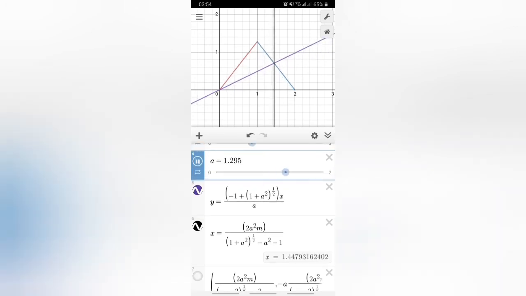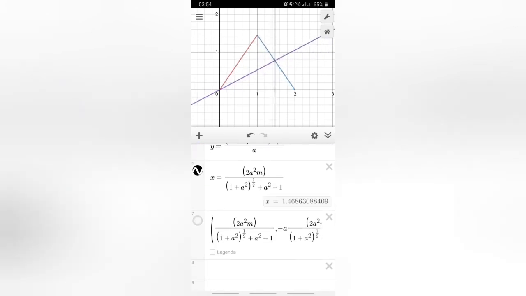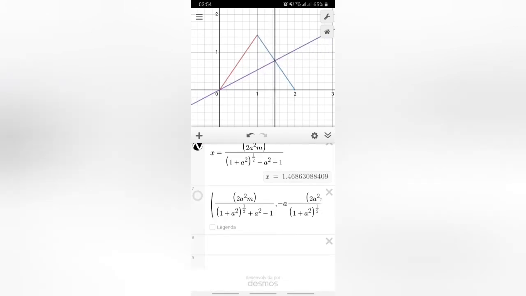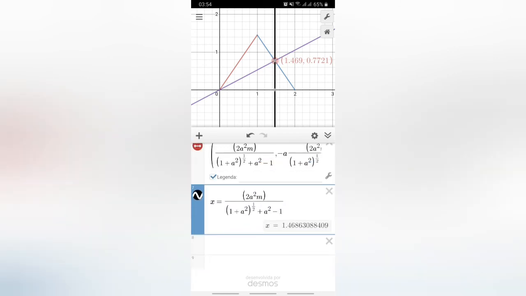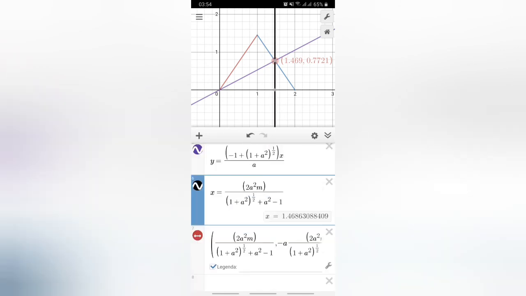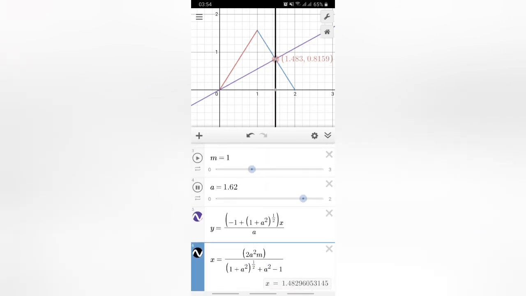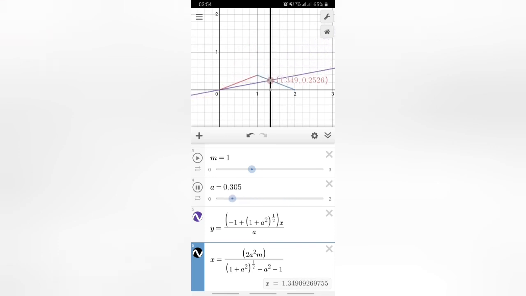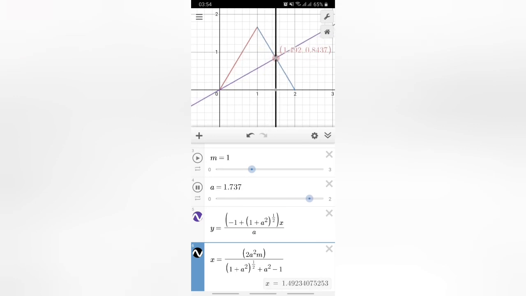Okay, and these over here are the points, the point p, this red one. So we can actually see it. We can see it when a is moving, what's happening to it. Okay, so you can see it goes to 1.33. You see it? It goes to 1.33.